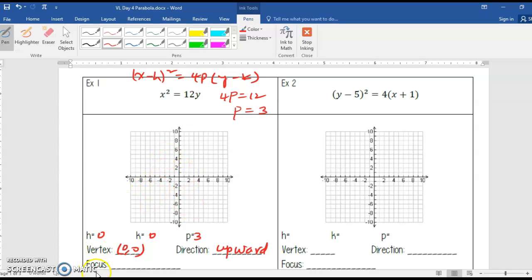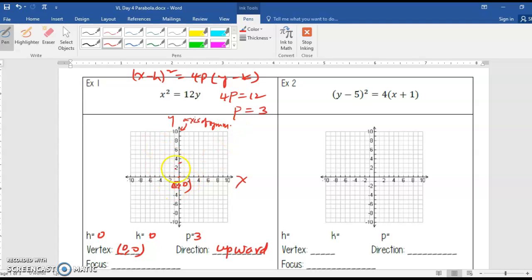So to find the other details, we have to draw the curve. So here 0, 0, that's the vertex, and the axis of symmetry is the y-axis. This is the axis of symmetry also. So on the y-axis, p, the focal distance is 3, so the focus is 3 units above the vertex because it's positive.